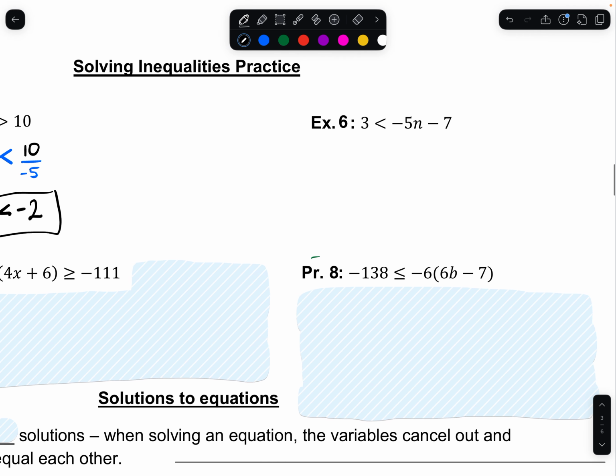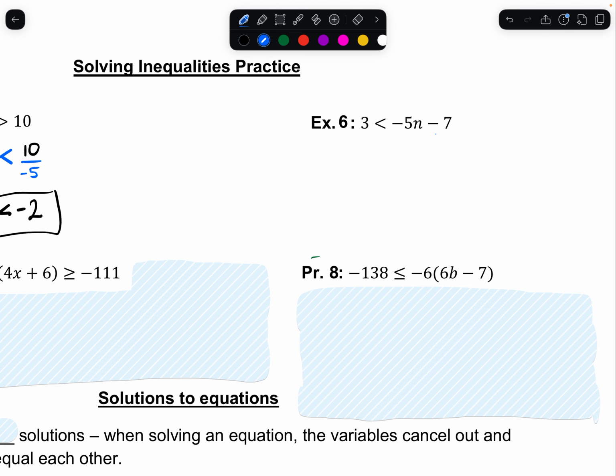Let's try example 6. This is a two-step problem because we have our variable being multiplied by a number, and then we have some subtraction. So again, we're undoing it. We're going to do the order of operations in reverse to get the variable by itself.